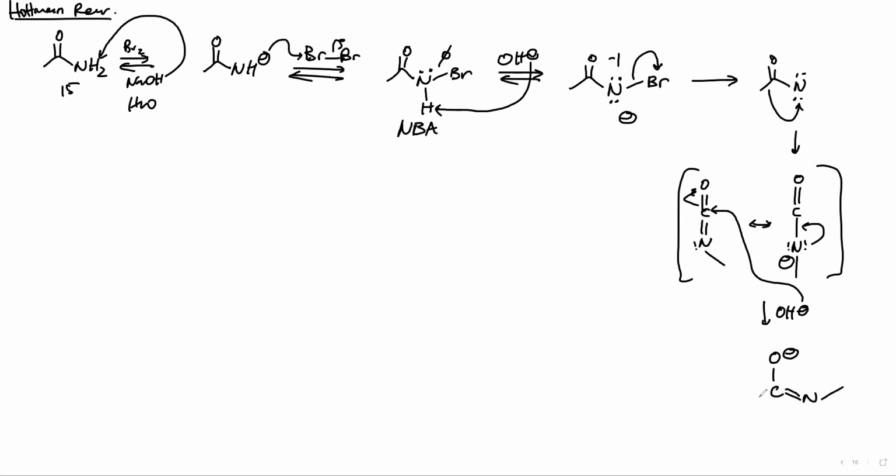Now, looking at this, it looks really ugly, but hone in on this part here. You can see that there's a C double bond N and an O minus. Focus in on the O minus with the double bond. Where was the last time you guys saw an O minus and a double bond? When I draw this, does this fire any neurons in your brain? Hopefully it does. That is an enolate, and enolates can tautomerize, right?